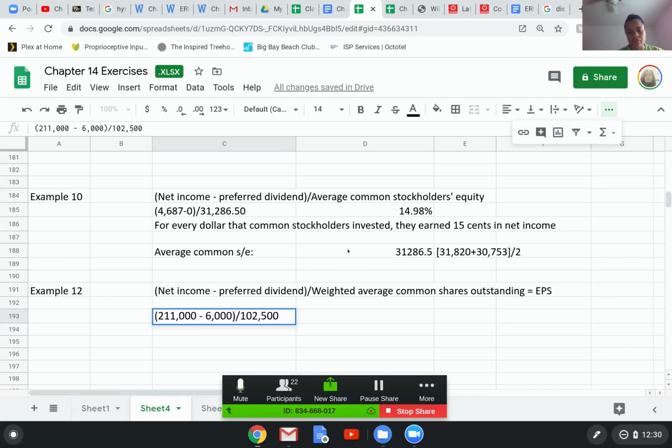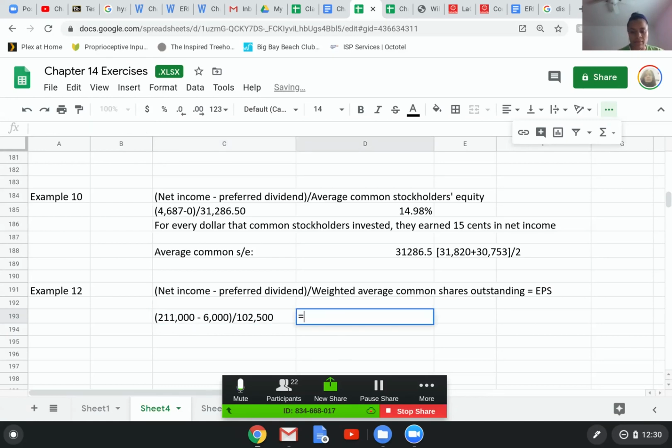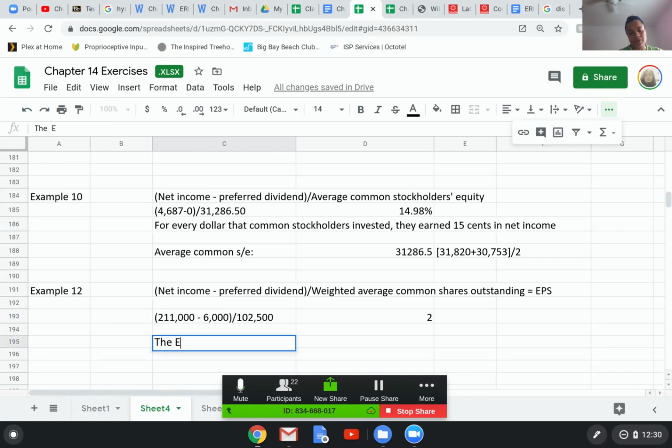And that's going to equal, I'll just do the math with a proper formula set up over here, 211,000 minus 6,000 divided by 102,500. So it's 2. So therefore the earnings per share, the EPS, is $2 per share.